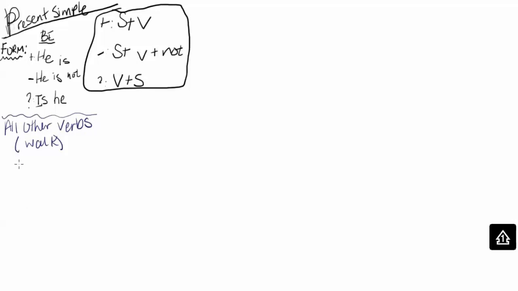It follows the same grammar math, except that the other verbs need help. They're weak. We talked about that a couple of classes ago. They can't create negative and they can't create question sentences without help. And so the verb do comes in and helps.